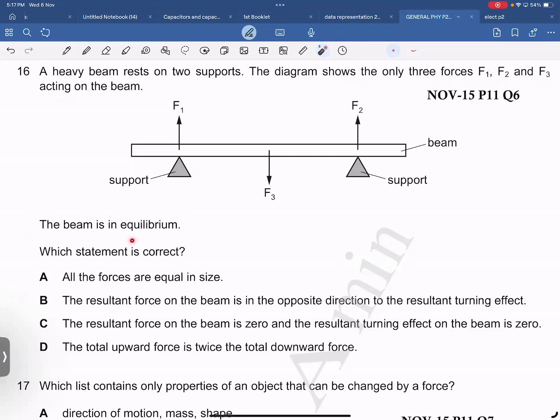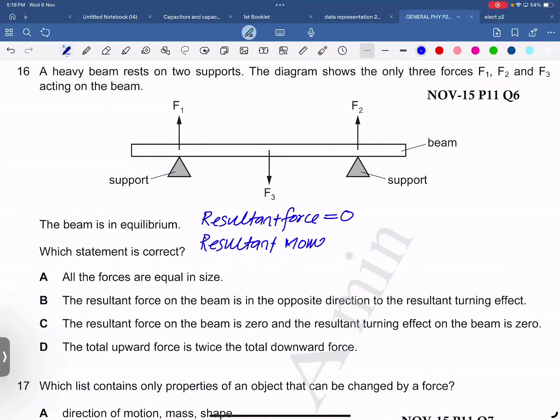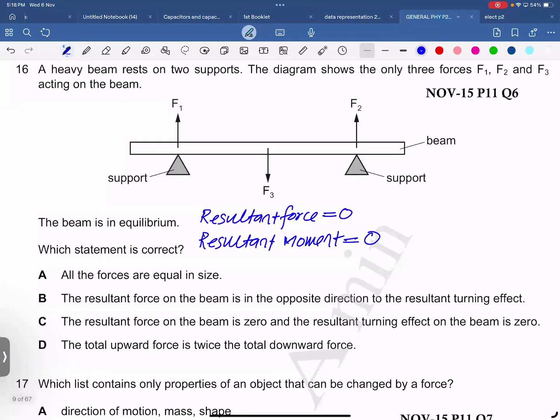The beam is in equilibrium. Equilibrium, I already told you, means the resultant force should be 0. Also, the resultant moment. Moment means rotation, and it should also be 0. Let's see. All forces are equal in size. We don't know.